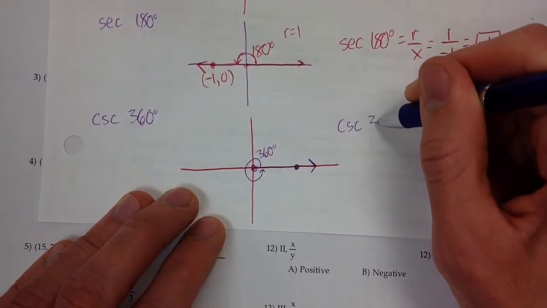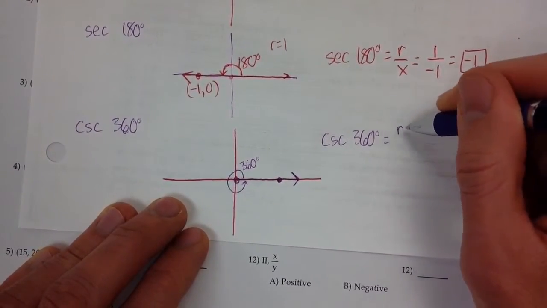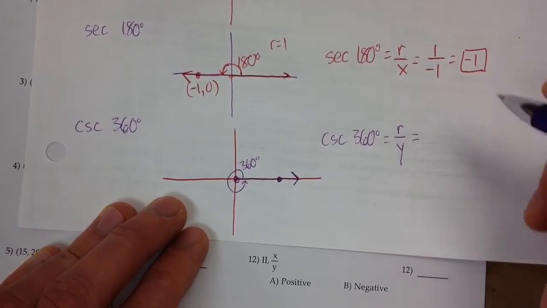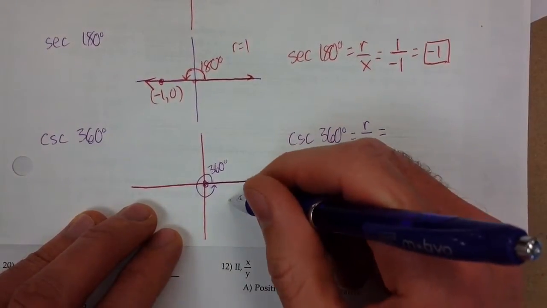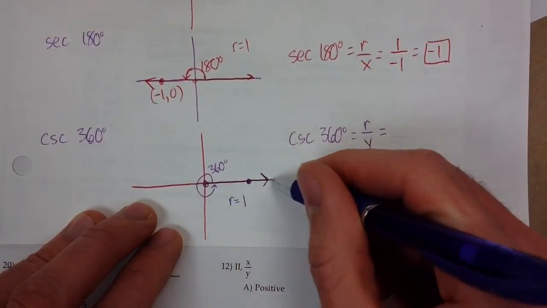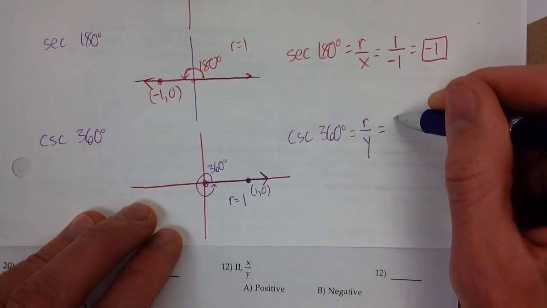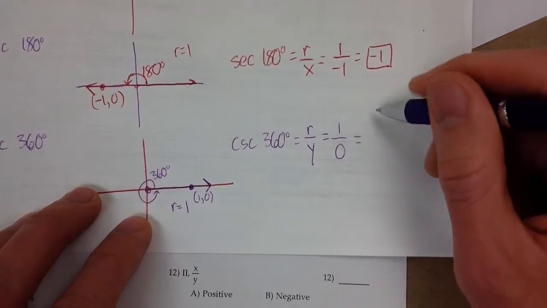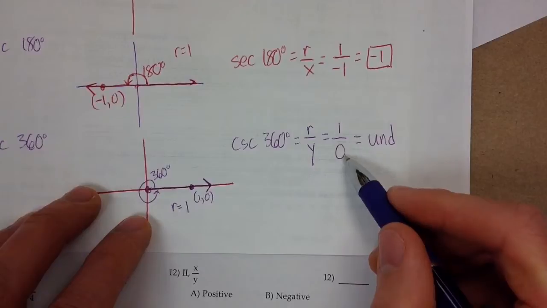By definition, cosecant is hypotenuse over opposite, but it might help you to know it as r over y. Good, keep going. So that's 1 over 0. Yep, r is going to be 1 always with the points that I suggested. And the y-coordinate on the x-axis is 0. So it's 1 over 0, and Max, that is undefined, cannot sit on 0. Or as Jackie said, if it's under, then it's undefined.